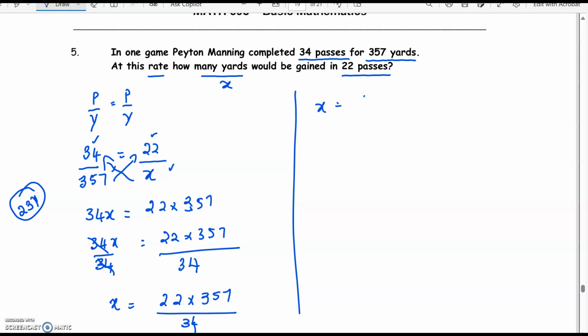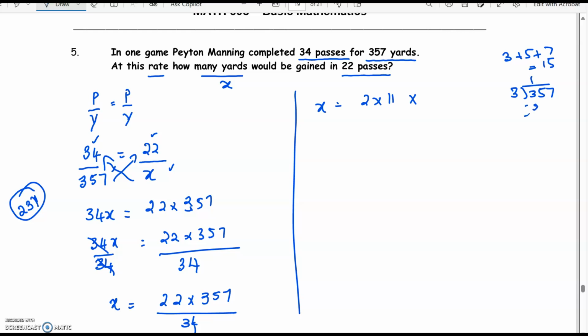So x is equal to, and we're going to break it down to some extent, 357: 5 plus 3 is 8, 8 plus 7 is 15, so we know 3 goes into it. So what I just did was I added all the digits, and when I add all the digits it comes up to 15. I know 3 divides 15, so the 3 has to divide this number.